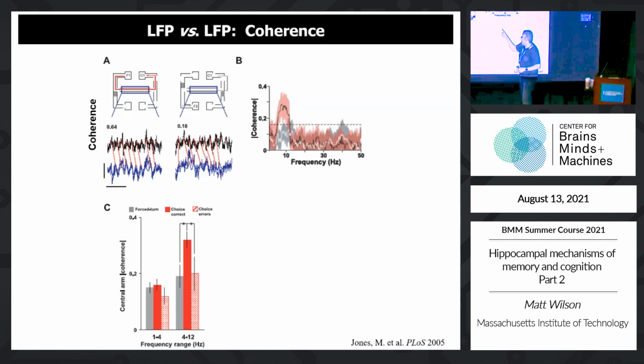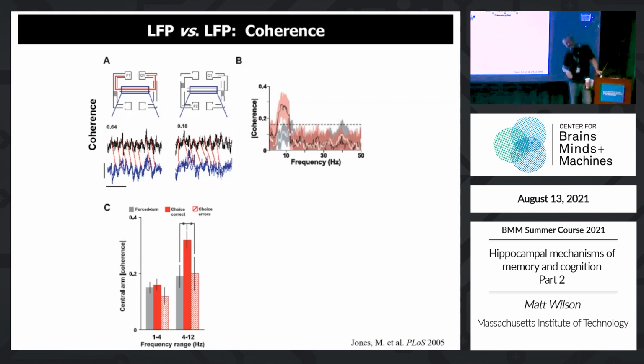And what you see is that the only significant change in coherence is for the choice correct direction in the theta band. So the idea is that theta coherence is the condition that is both sufficient and necessary for indicating effective hippocampal prefrontal communication that guides choice.